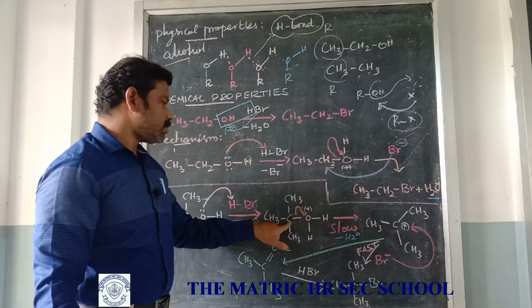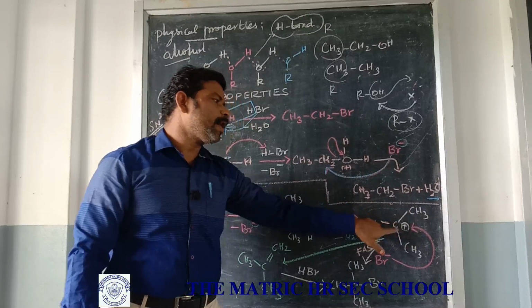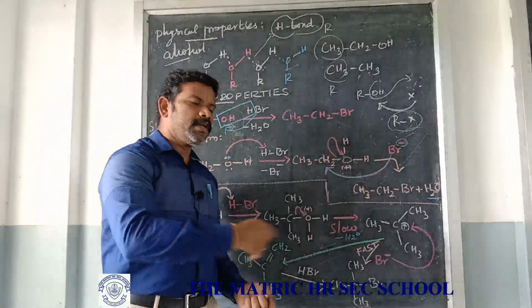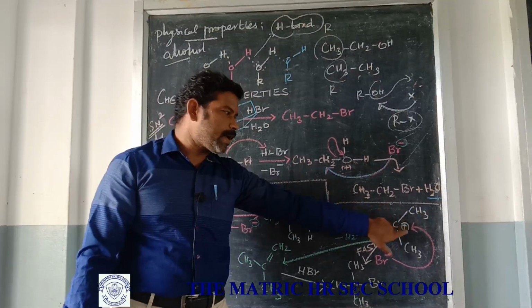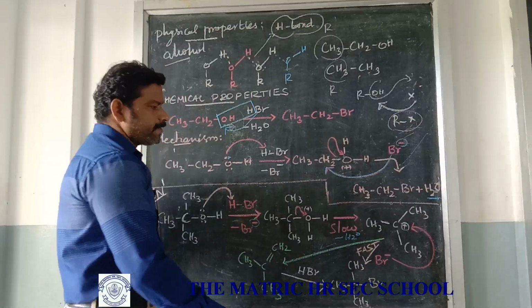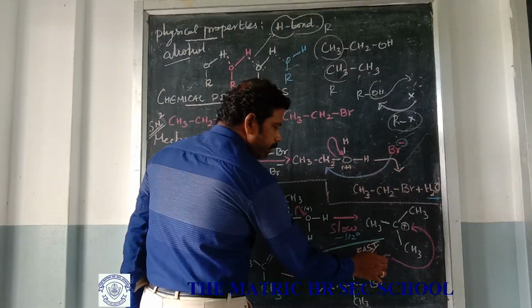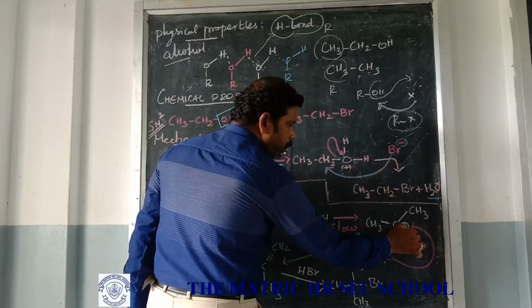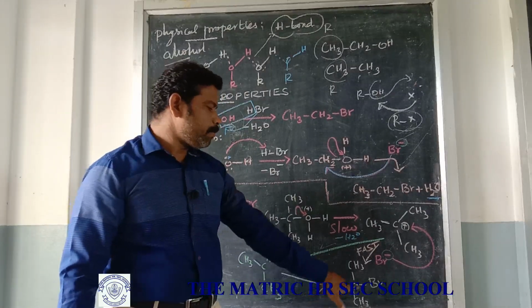So the positive charge goes to the carbon; it is the carbonium ion, a positive ion. Then we add bromide. The negative bromide ion directly attacks the positive carbon, and you will get tertiary butyl bromide.